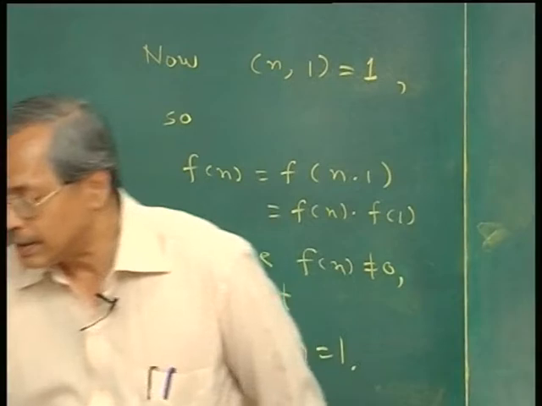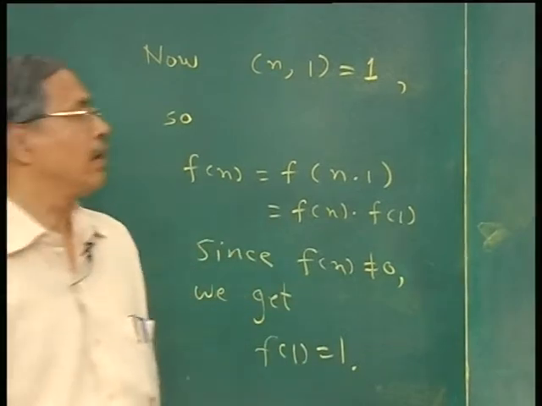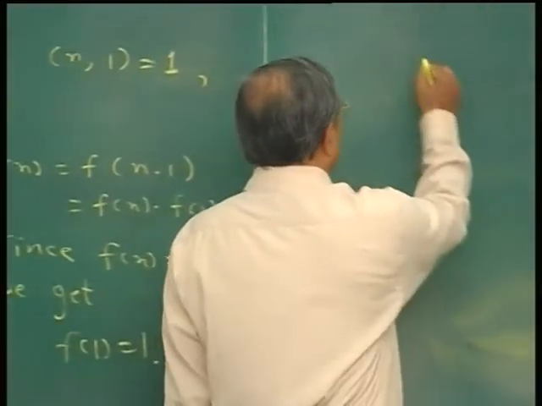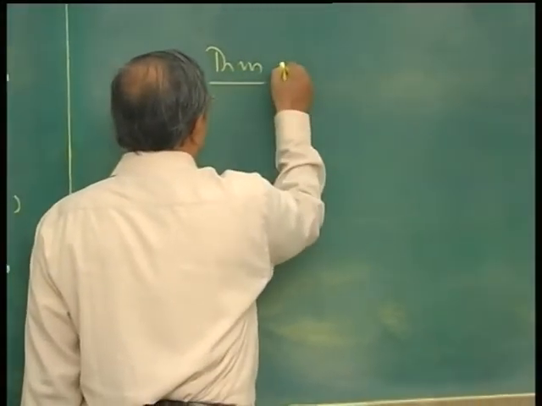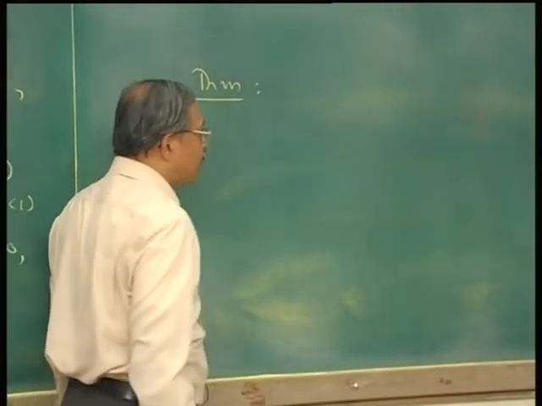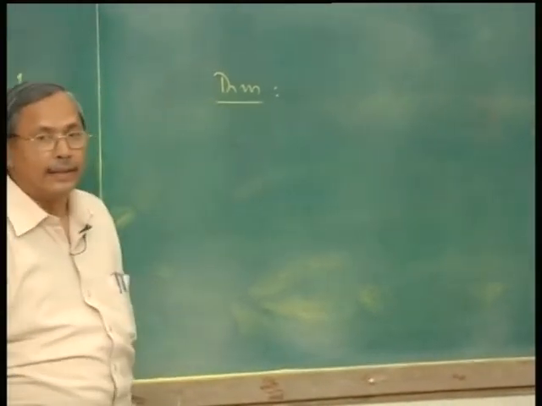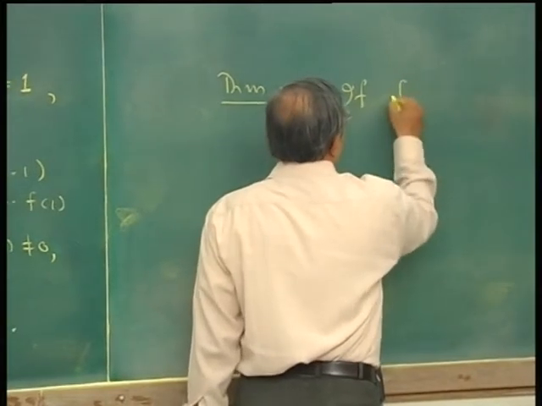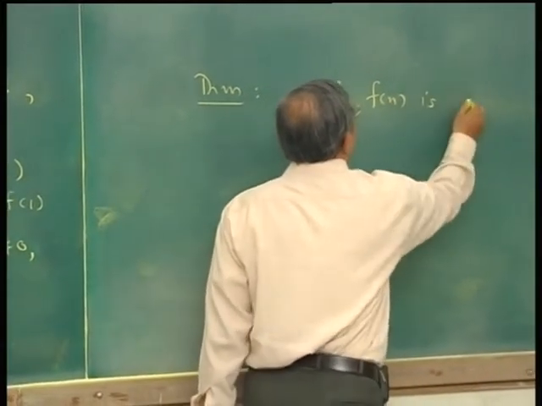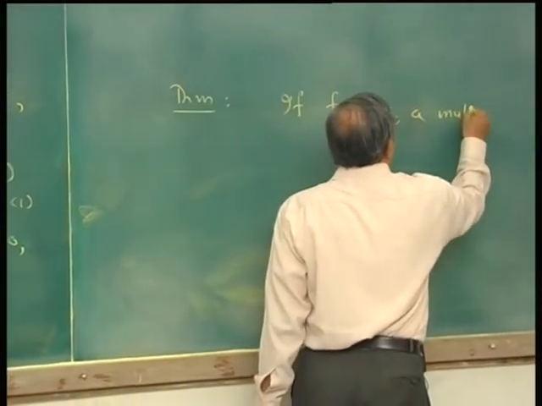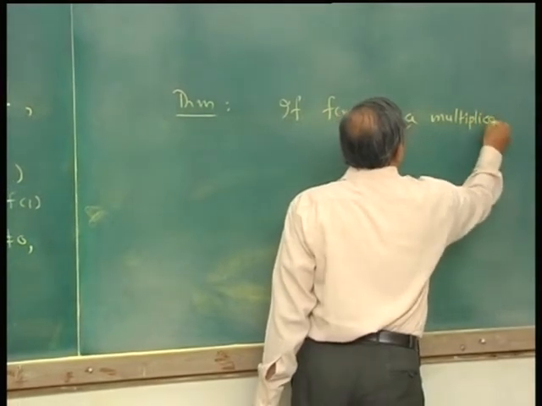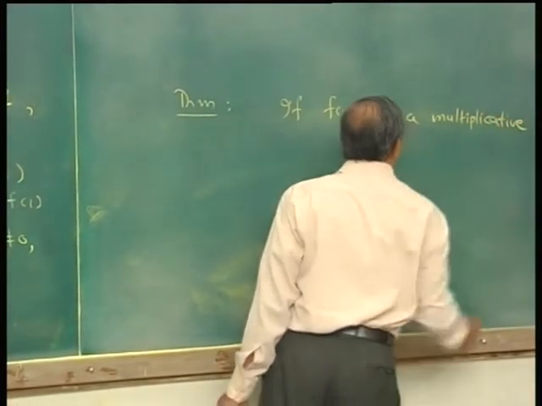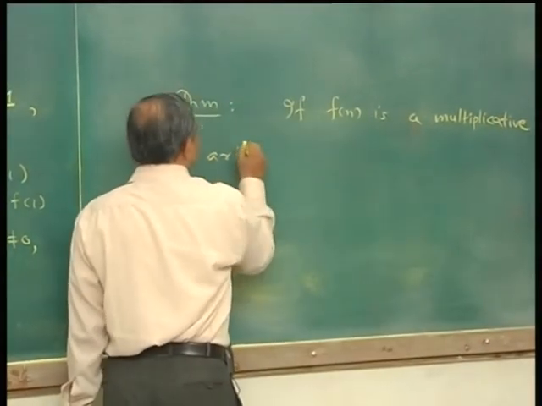And a very interesting thing is that if f(n) is a multiplicative function, then the derived function capital F(n), equal to the summation of f(d) over d dividing n, is also multiplicative.